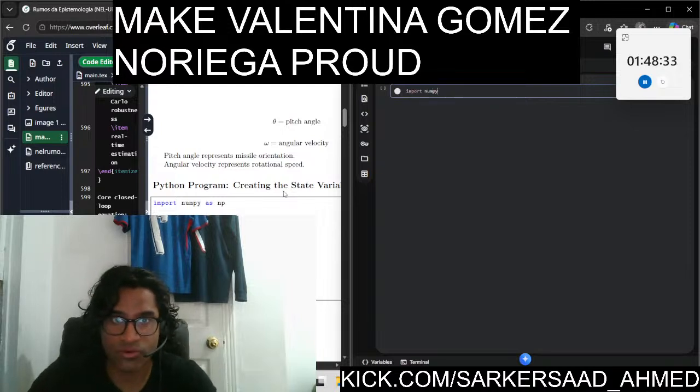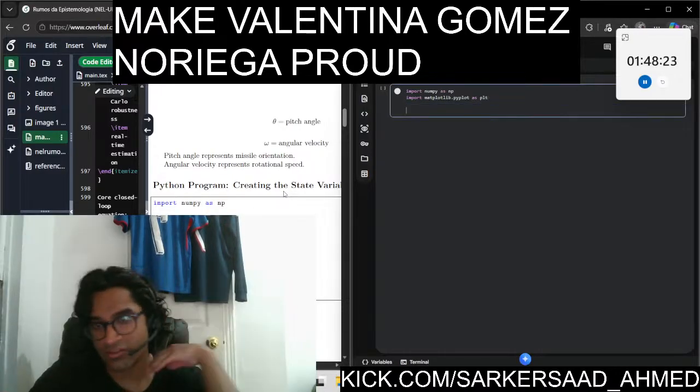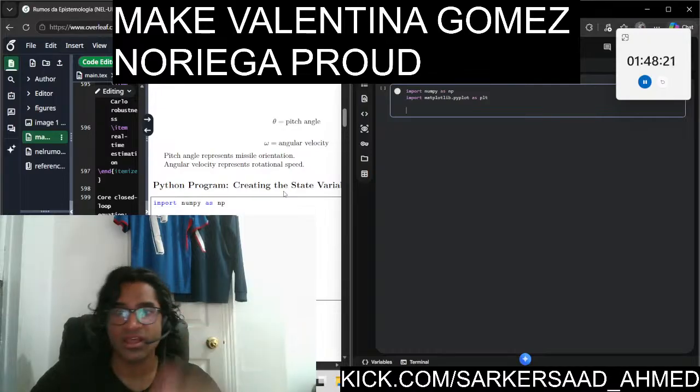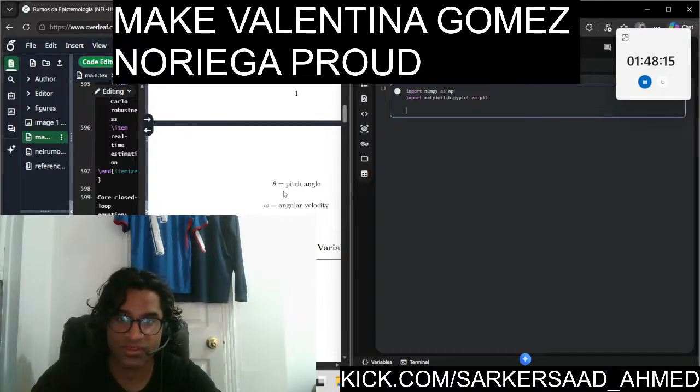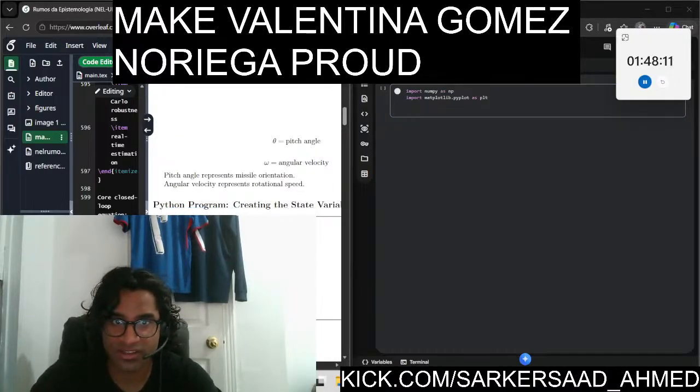I'm going to import numpy as np, import matplotlib.pyplot as plt. And the first thing, obviously, I'm going to set np.radians 5. What does np.radians 5 mean? Is it 5 radians, right? If I write theta, just wait.